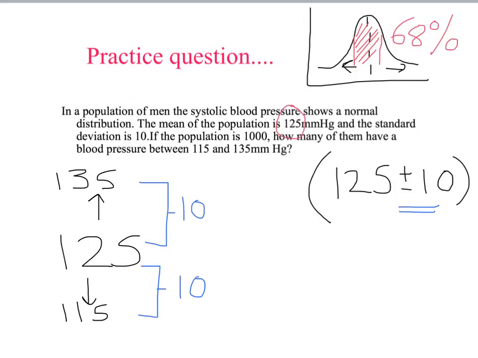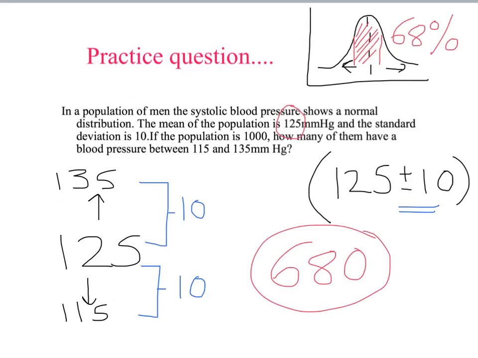So if we know that it's 68% of all values between plus or minus one lot of standard deviation, that must be 68% of the population that we questioned essentially. So 68% of 1,000 is 680, and that there is our answer. So we're not having to do any big calculation using the formula, we're just using what we know about normal distribution and standard deviation. Okay, so I hope all of that helps.